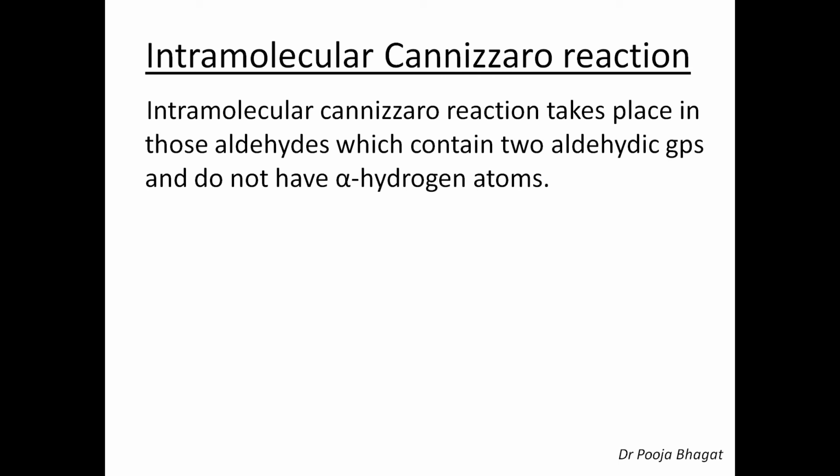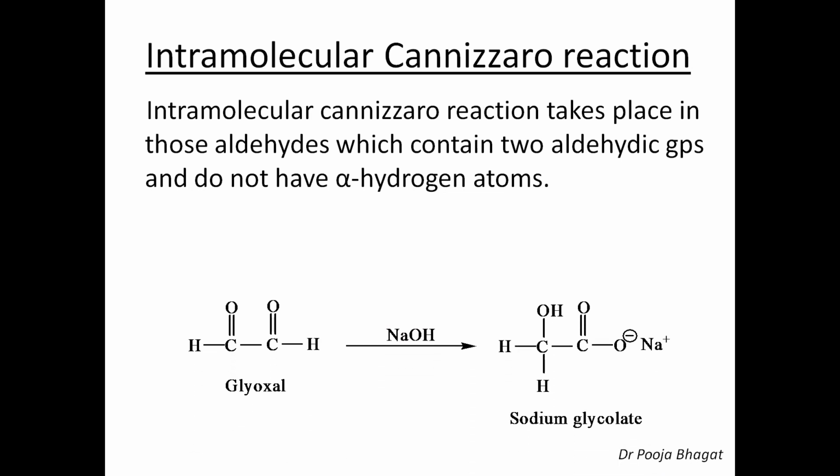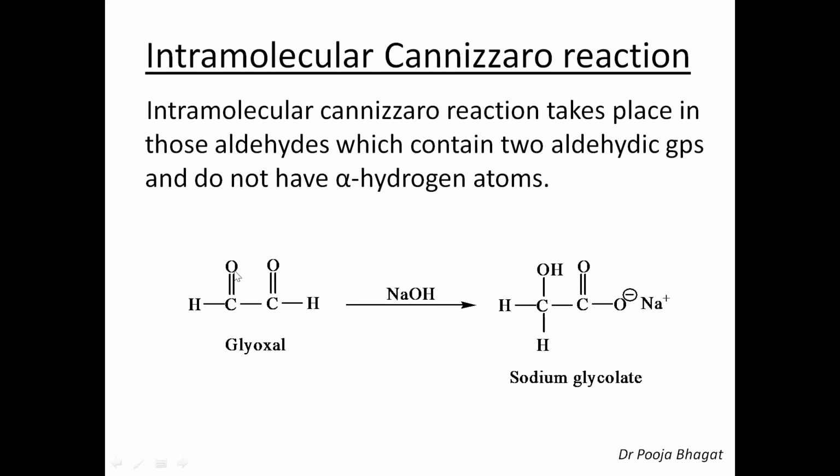Now the intramolecular Cannizzaro reaction, in which the aldehyde contains two aldehyde groups and does not have alpha hydrogen atoms. So the molecule has to satisfy the condition required for Cannizzaro reaction, meaning it should not have alpha hydrogen atoms, and since it is intramolecular, both aldehyde groups should be present on the same molecule. And the medium should be strongly basic. This is the example, glyoxal. Two aldehyde groups are present, a symmetrical molecule.